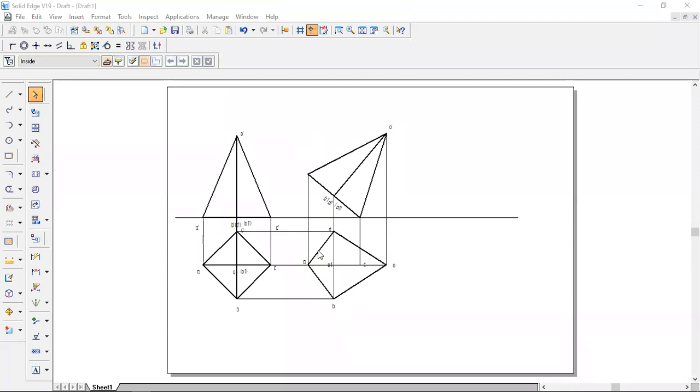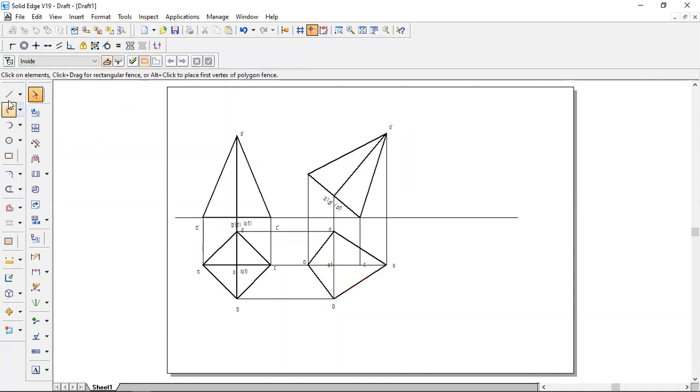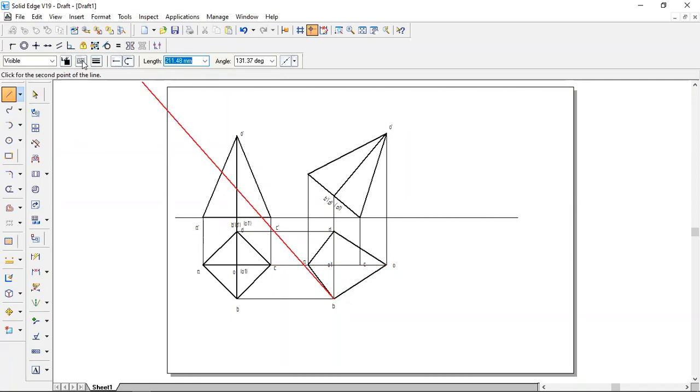So those which should be drawn as dotted but already came in the outer view, need not be drawn as dotted lines. So the remaining edges, that is from B to C and then C to D, both should be drawn as dotted lines, because this base is not visible. That's why this will come as a dotted line.